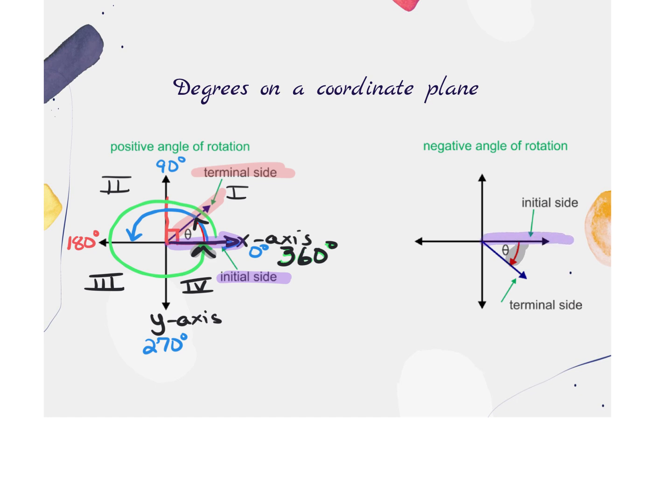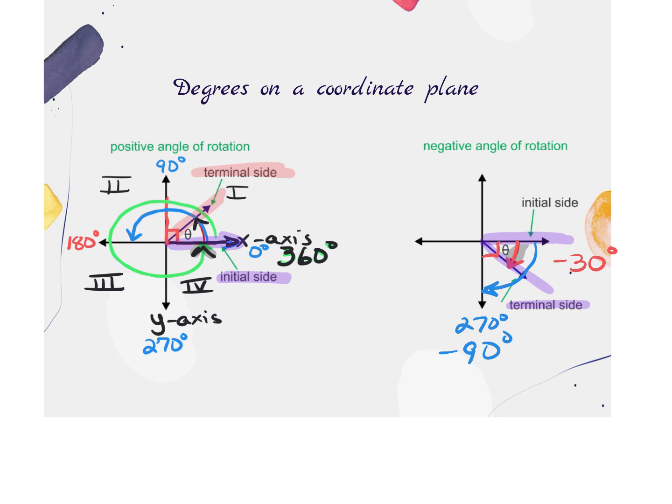But then once I leave that side, I'm going to come down here, and my terminal side is where it stops. And I could say that this looks like it's probably about a negative 30-degree angle because it's going clockwise. If I were to come all the way down here and hit here, remember positive, it's 270, but negative, this would be a negative 90-degree angle.